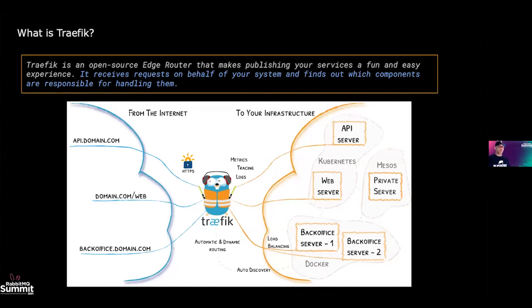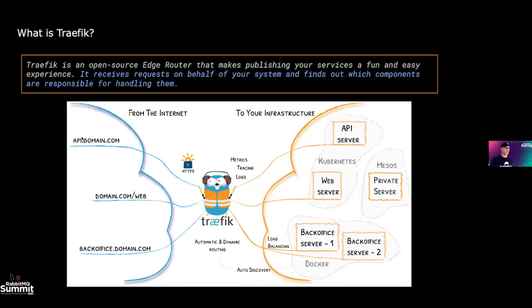So we mentioned Traefik. Before seeing how it works, what is Traefik? Traefik is basically a service mesh, an open source router that routes the requests in your system and finds the right component to handle the request. You can have multiple rules.